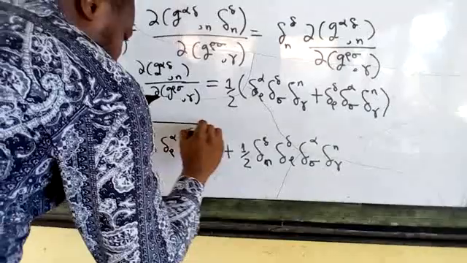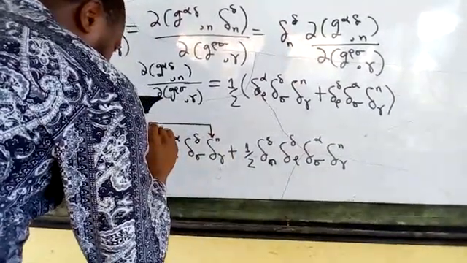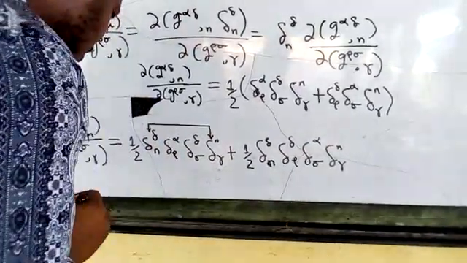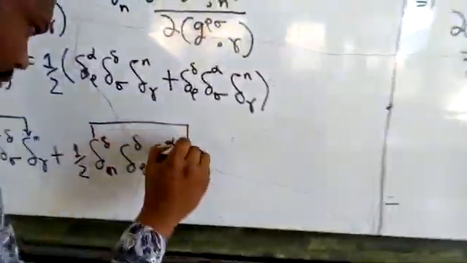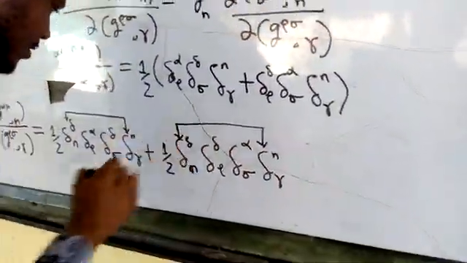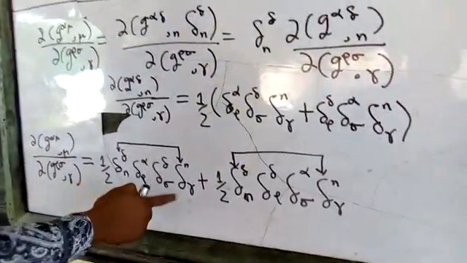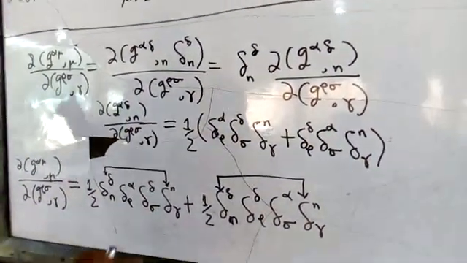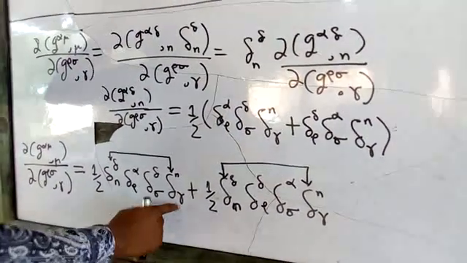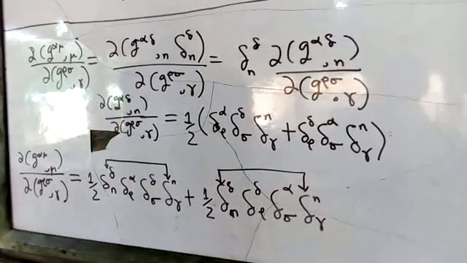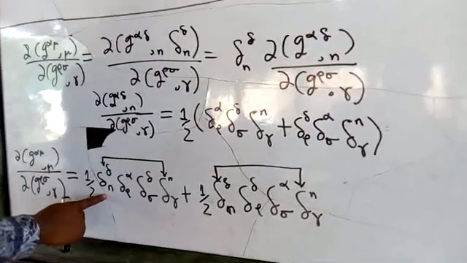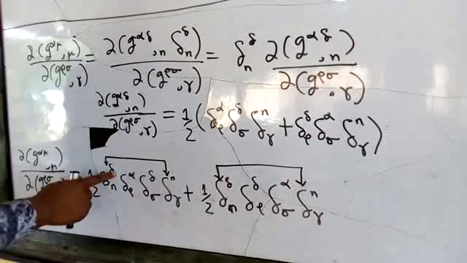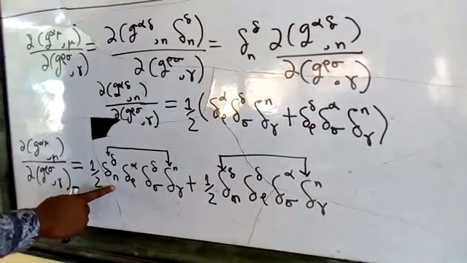First of all, let me do this. Do I have a reason? Yes, I do have a reason for doing that. And this also. Now, take note of this. This Kronecker delta is saying this whole term is non-zero when gamma is equal to n. And this Kronecker delta is saying also that this whole term is non-zero when delta is equal to gamma. You see what this implies?